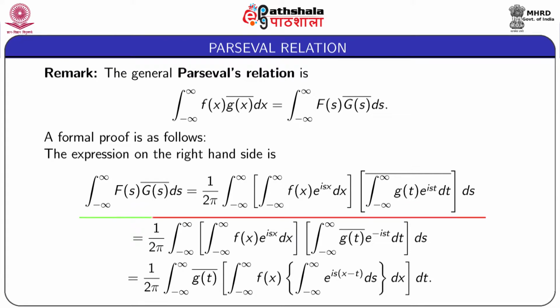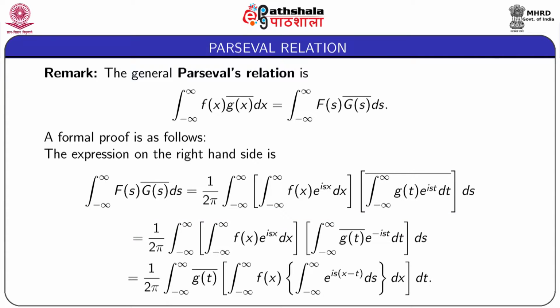This is equal to 1 by 2 pi integral minus infinity to plus infinity of capital F(s), which is the integral from minus infinity to plus infinity of small f(x) e to the power i s x dx, and capital G(s) bar, which is the integral from minus infinity to plus infinity of g(t) e to the power i s t dt, bar, ds.